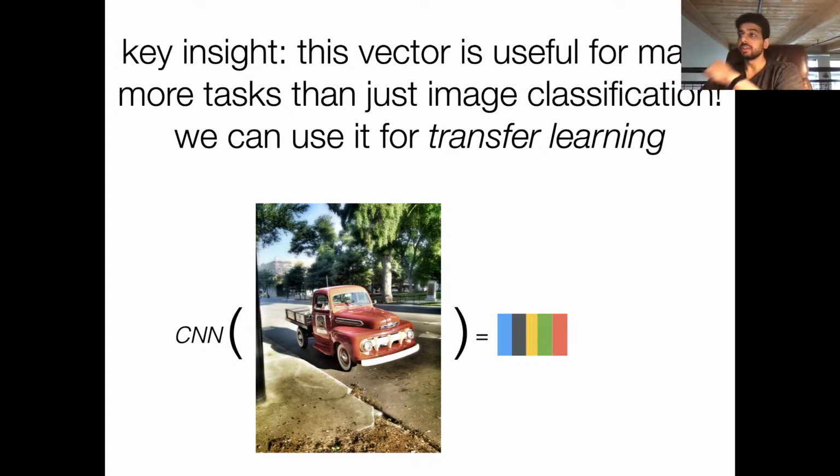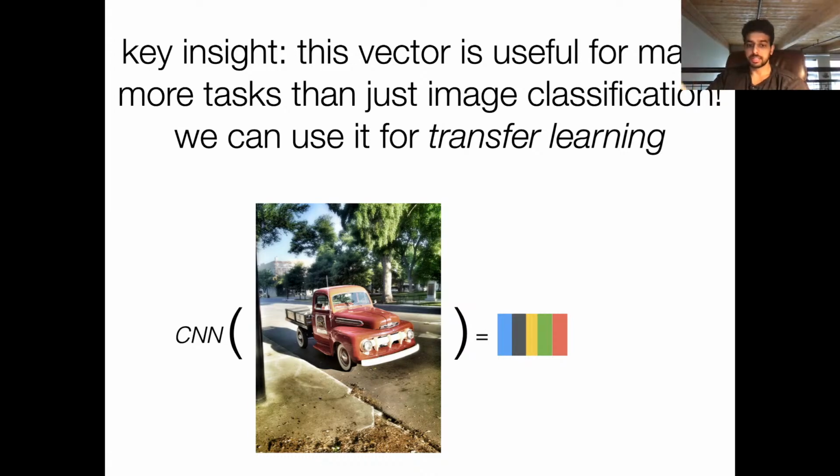So here we've transferred the parameters of the CNN that were trained on ImageNet and used them for the downstream task of image captioning. The transfer learning revolution happened in computer vision much earlier than it happened in NLP.